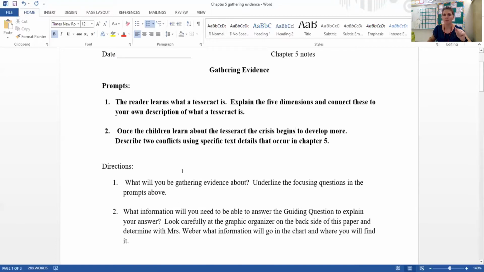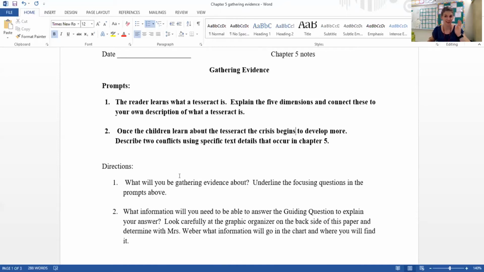Reread the prompts, and underline the focusing parts of the question as far as what you need to gather evidence about. Should you underline the entire thing? No. Pick out those key words as far as what it is that you're expected to do. Okay, so hit pause and do that now.